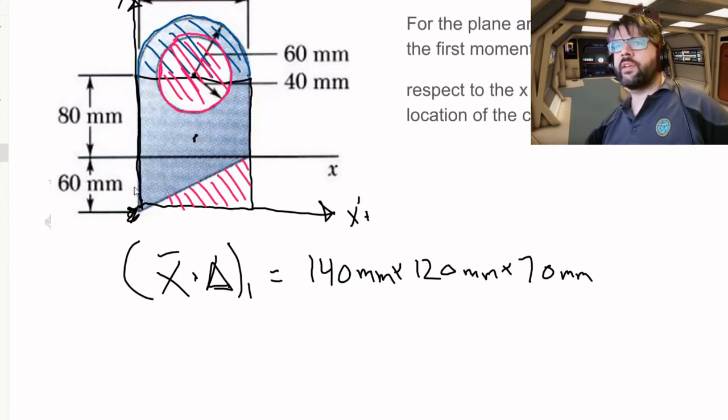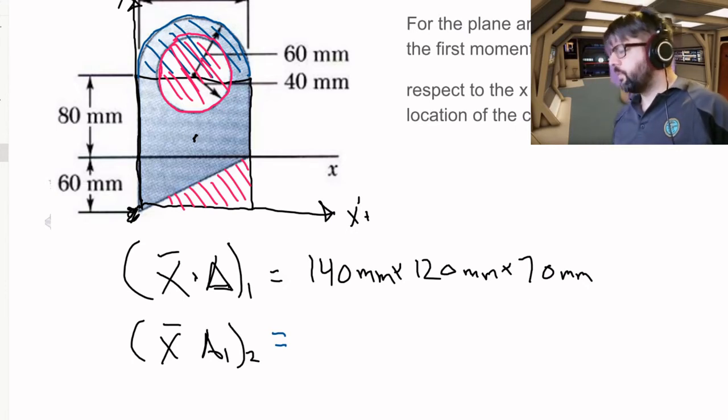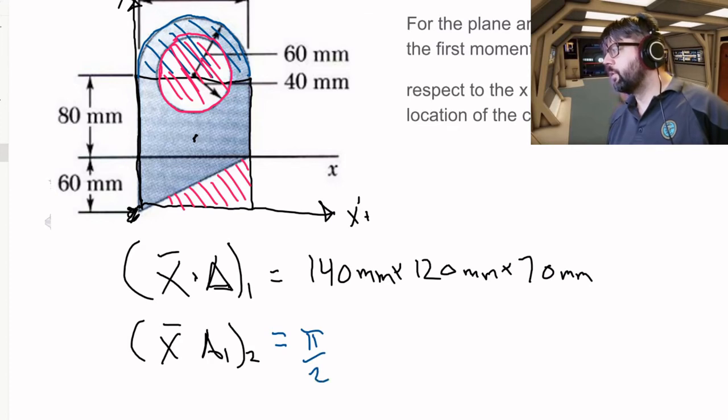The next section we are going to do is this semicircle, because that's the other thing we're adding. We'll call that 2. I'm going to switch to blue for that. Area for a semicircle is pi over 2 times the radius squared.